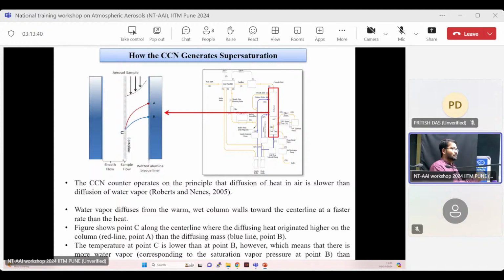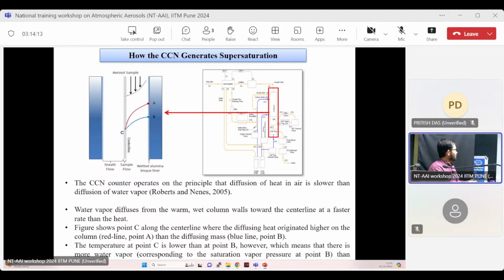It is not that the supersaturation is the same all the way from start to end. Suppose you set 0.3% supersaturation, that means 100.3 relative humidity, which is the actual convention of 0.3. When you set 0.3 supersaturation, it need not be 0.3 at this point. When the aerosol particles are going out of this chamber, at the end point, it will reach 0.3% supersaturation.